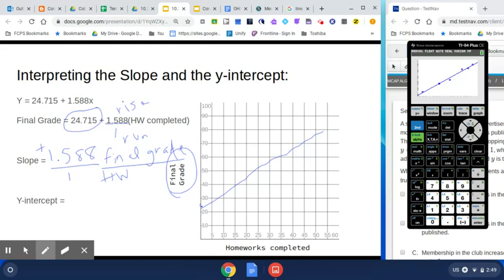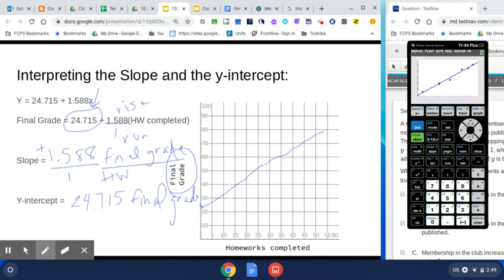The y-intercept in the equation was the 24.715. In order to graph that, I went to the y-axis and I just went up to that number, 24.715. So that number is still representing a y value. It's representing final grade. But I didn't move left or right at all to get to that y-intercept.